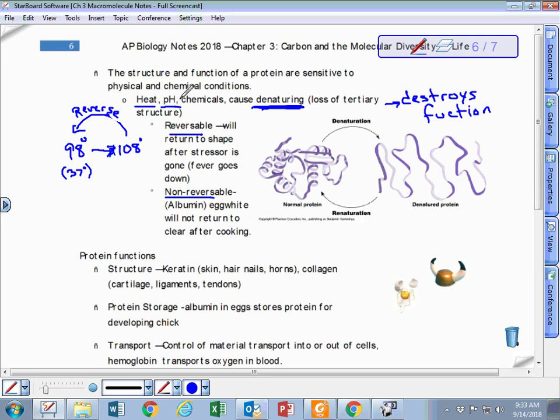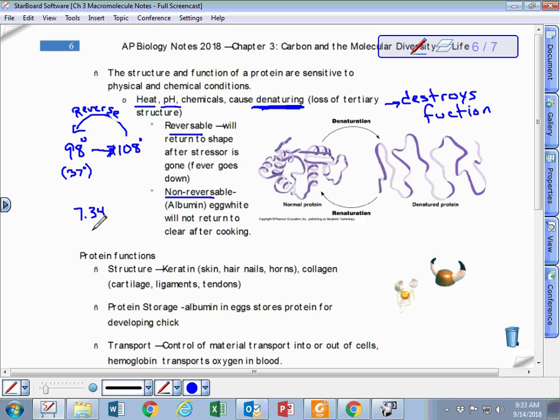pH can do it too. Changes in how much acid there is, and in fact, you've got even less tolerance for that. Your pH is something like, I think, 7.34. Remember, 7 is neutral. 7 is just water.